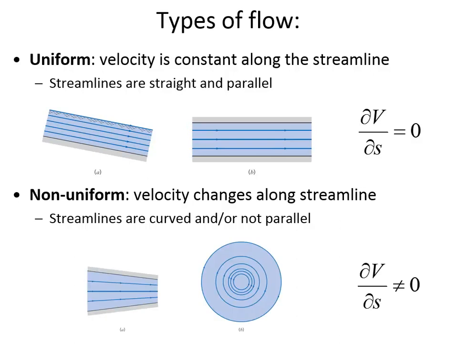We can see here that in the diagrams where the streamlines are either coming together or getting further apart, the velocity is changing with respect to the position along the streamline. Or here, this is another case of non-uniform flow because the direction of the velocity vector changes. So non-uniform versus uniform is talking about how velocity changes with respect to position.